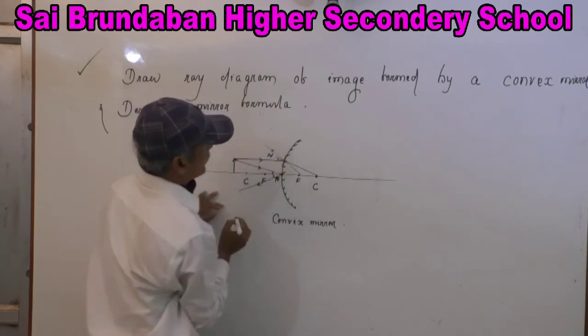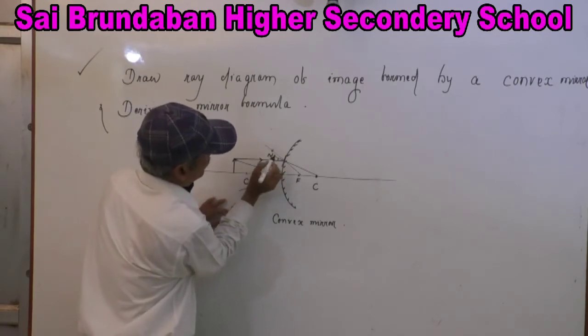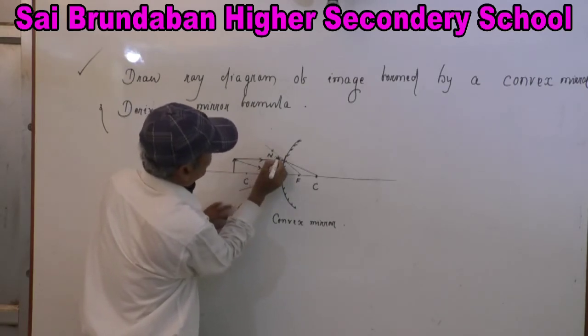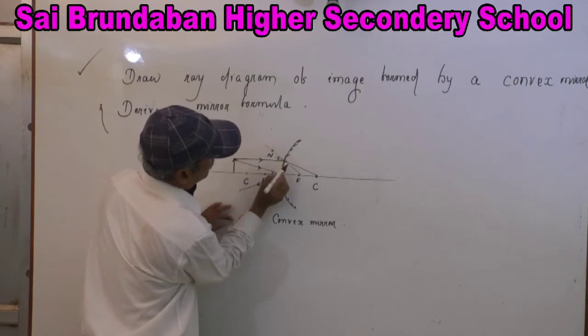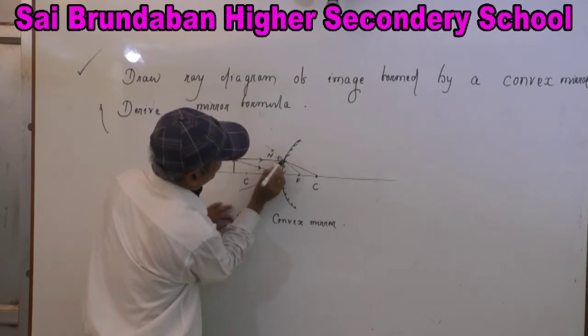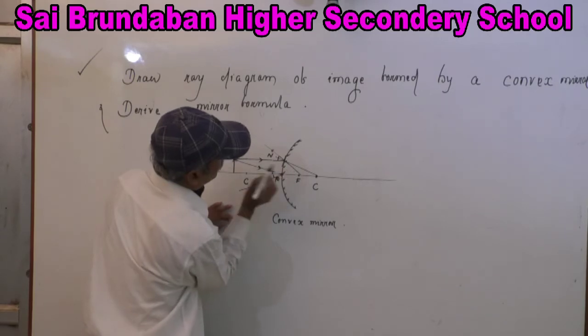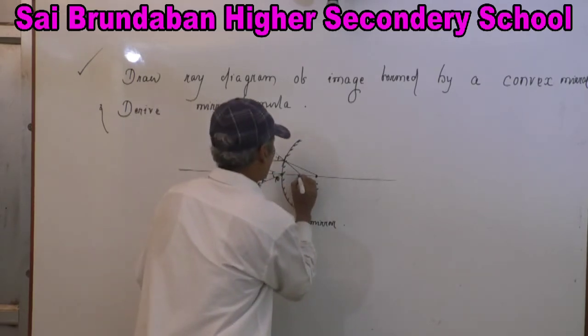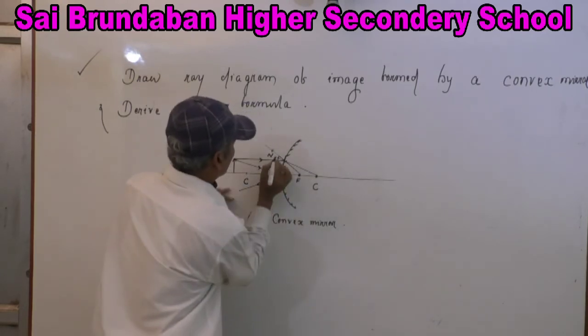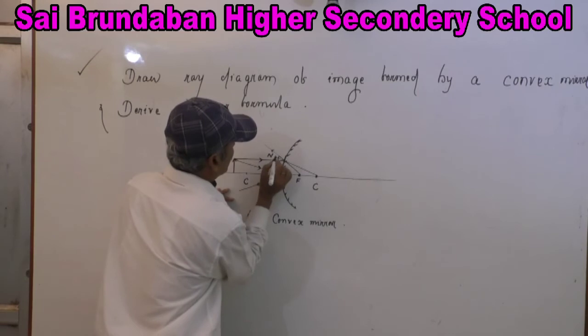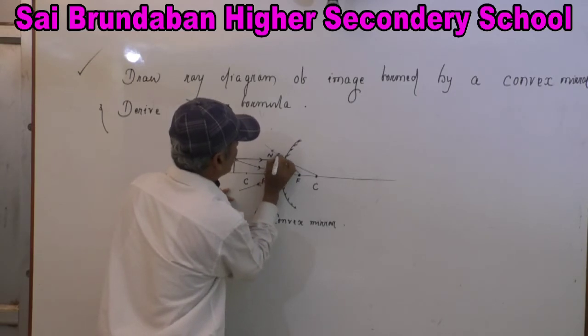This is the reflected ray. This is the angle of reflection. Now this is I, this is R.